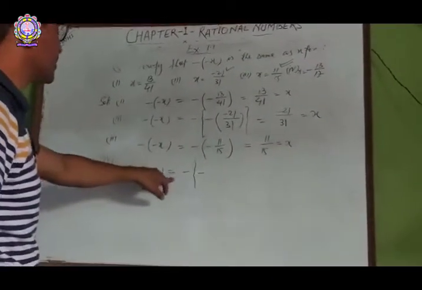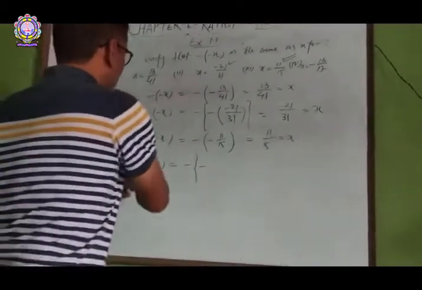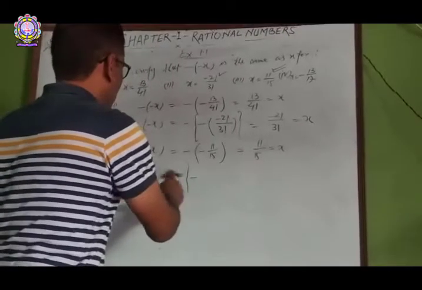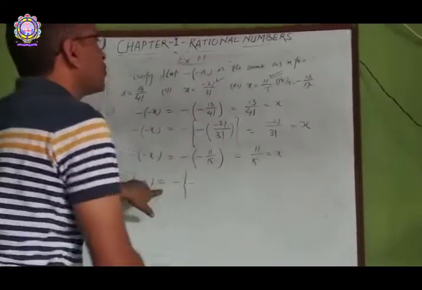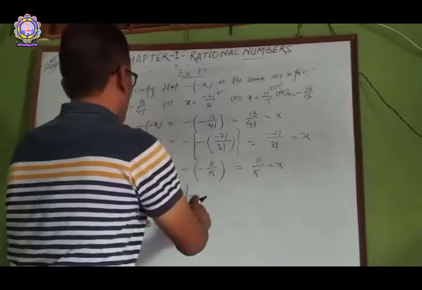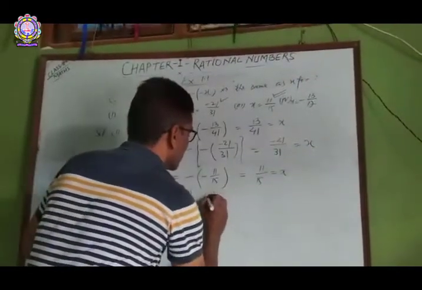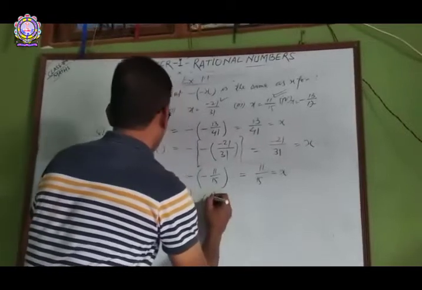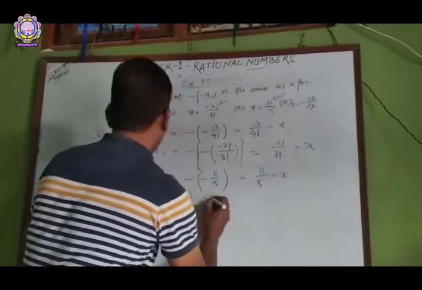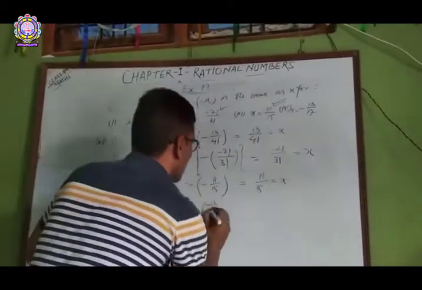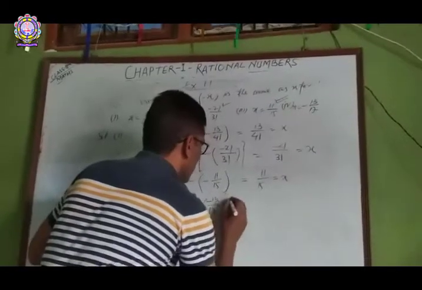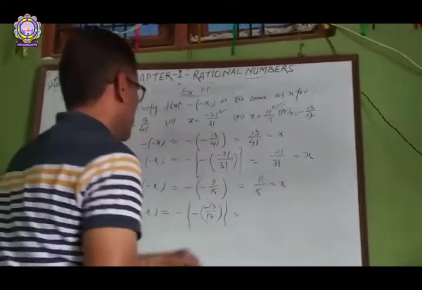Minus of minus x is equal to this minus, curly bracket, this minus, and the value of x is minus of minus 13 upon 70, curly bracket close.